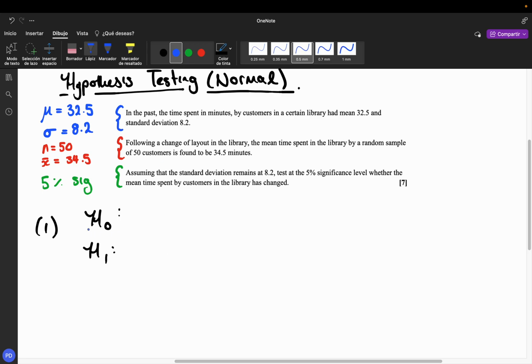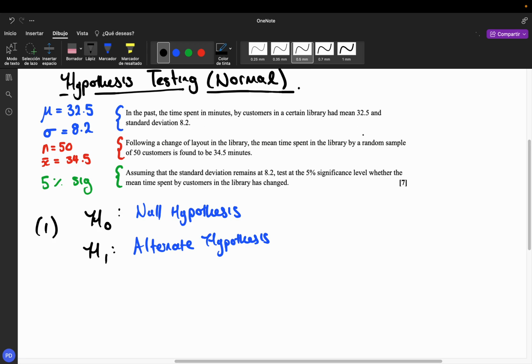If you remember, H0 is what's called the null hypothesis, and H1 is the alternate. Great. Now, what are they in this case? H0, our null, is what we thought before we did any samples. So that's this blue bit at the top here.